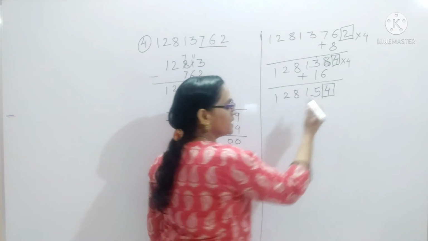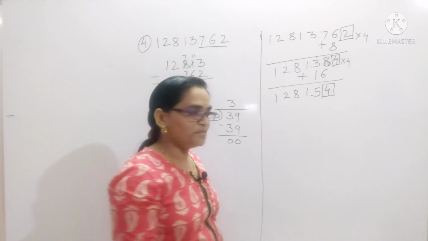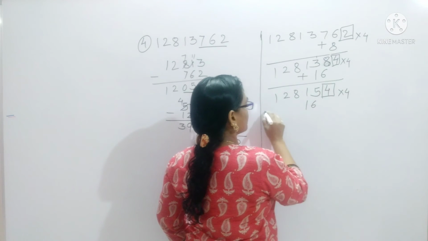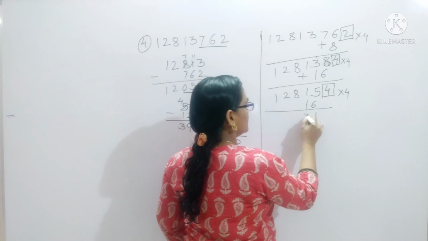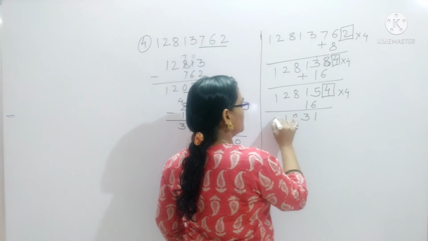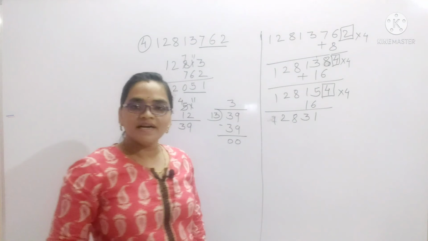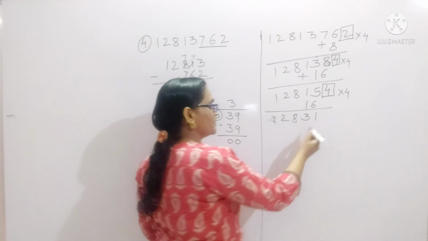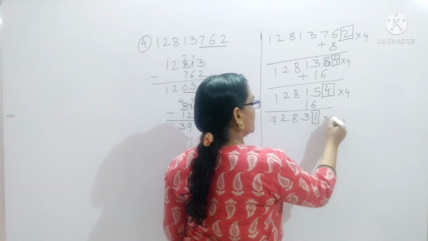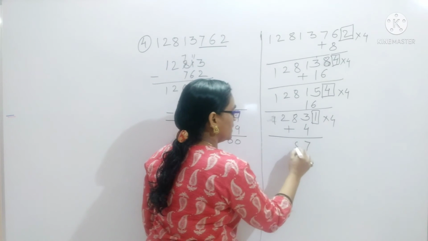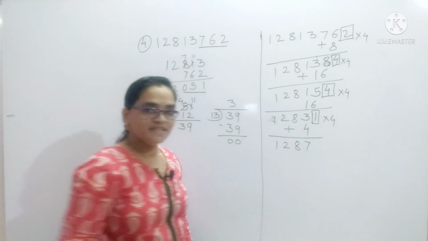Still we are getting a bigger number, so continue with the same process. Again 4 4s are 16, 6 plus 5 is 11, 3 8 2 8, sorry, 1 2. Okay, again continue by doing the same process. 1 into 4 is 4, add 4 to the remaining number, 7 8 2 1.